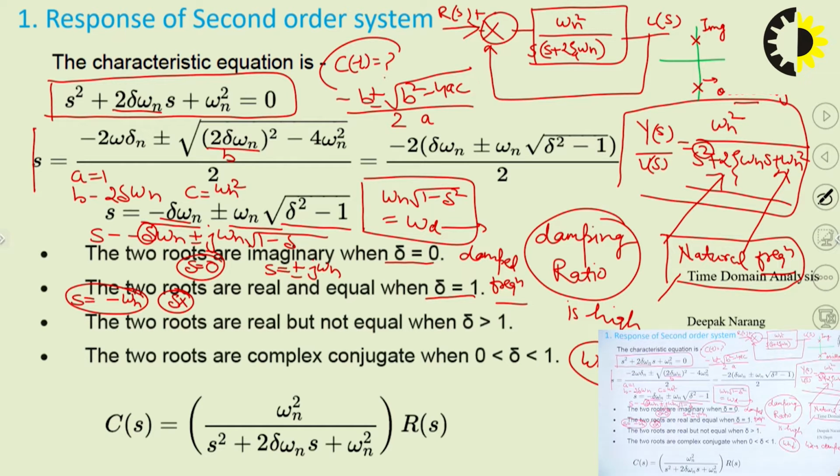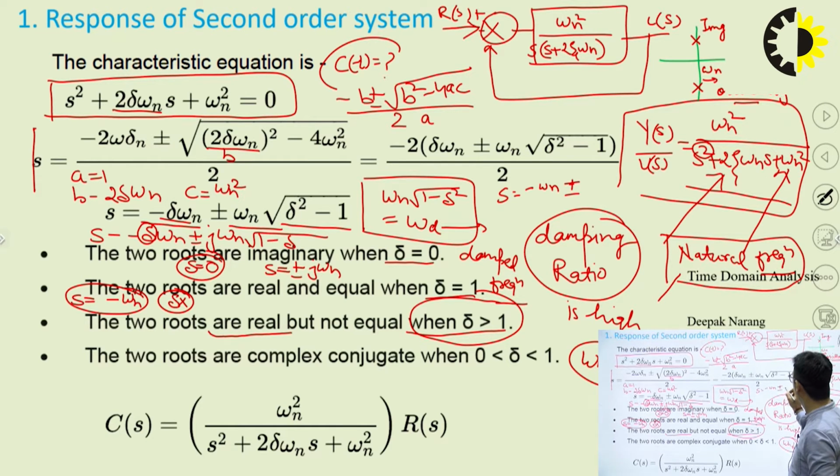Okay, and the system will oscillate with its natural frequency omega n. When delta is greater than 1, this damping is greater than 1, we will get roots omega n times something with delta square minus 1, real but unequal roots.